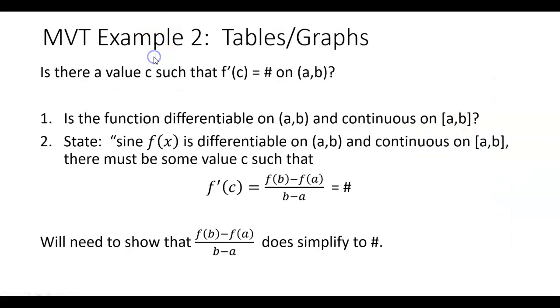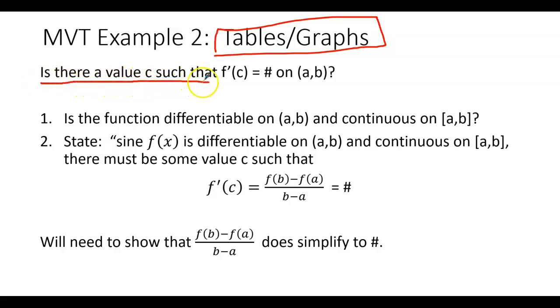All right, let's move on to a second way that the mean value theorem can be asked, and that's with tables. And this can also apply to graphs. Instead of asking you how many places does it occur, they may just say, does it occur? Is there a value c such that f prime of c equals some number on AV?